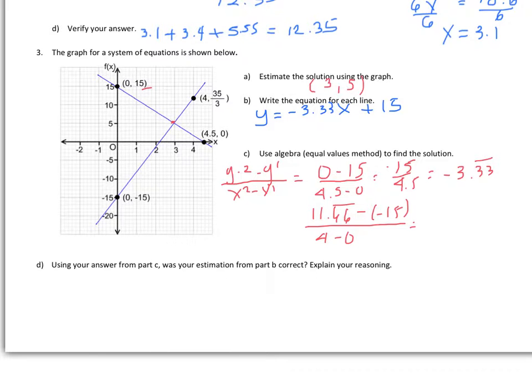All this equals 26.66 over 4, or 6.66. So, my second equation is y equals 6.66x minus 15.